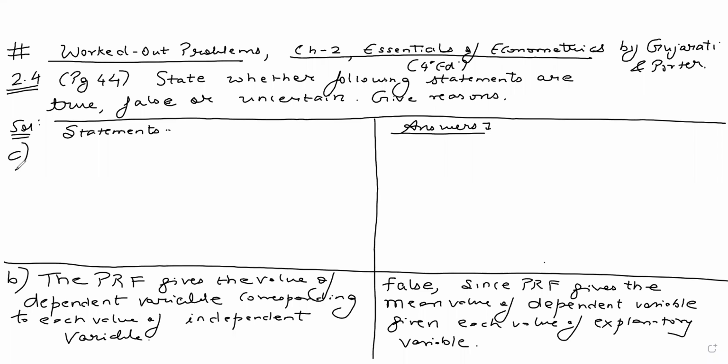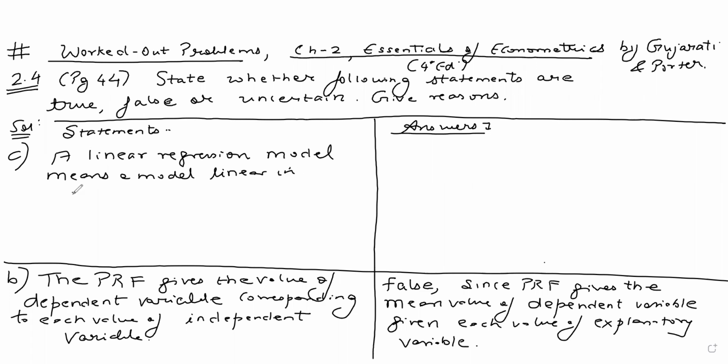So statement C is as follows: a linear regression model means a model linear in variables. You can clearly see this is also a false statement, because again, recall my lectures on linear regression.